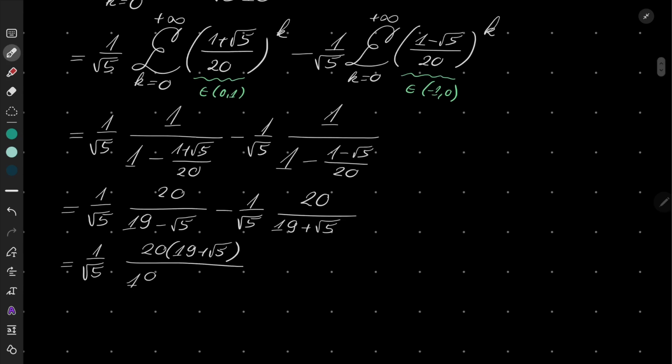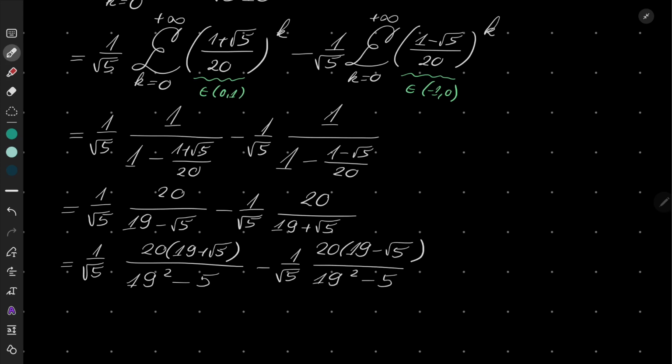So we will have 19 squared minus 5. And here we have 1 over square root of 5 times 20 times (19 minus square root of 5) over 19 squared minus 5. Now comes the hard part, crunching the numbers. I will use a calculator because I don't want to make a mistake. So wait for a minute.